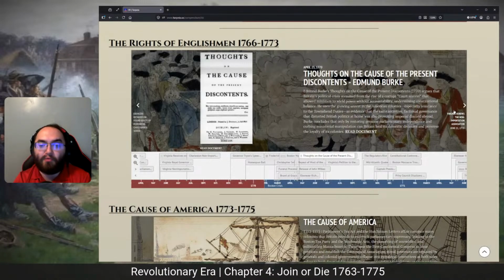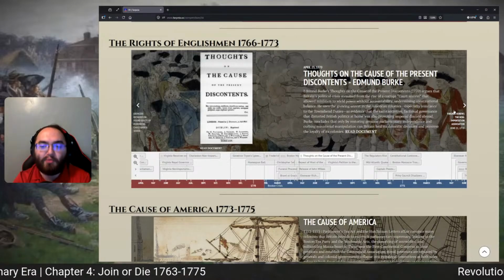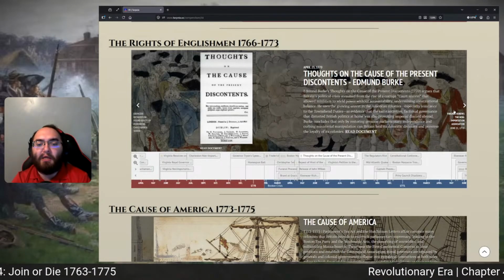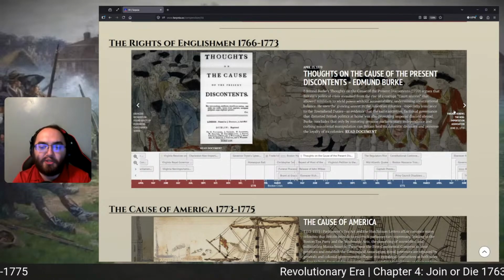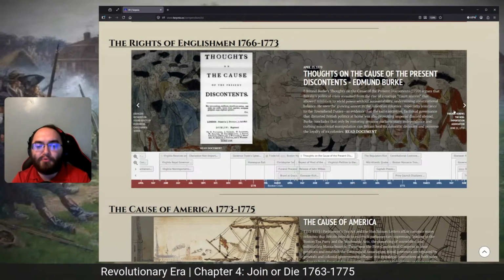Burke concludes that only by restoring genuine parliamentary independence and curbing ministerial manipulation can Britain heal its domestic divisions and preserve the loyalty of its colonies.